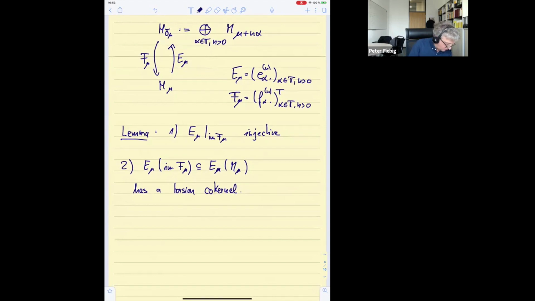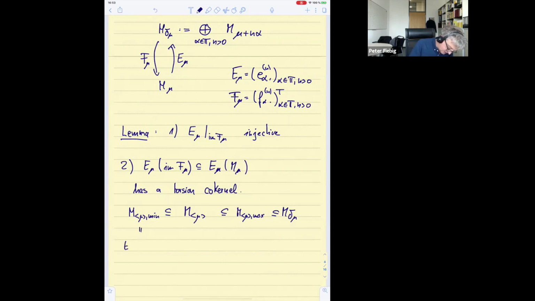So once you know this, you can define certain subspaces. This is all inside M_{Δ,μ}: a minimal subspace, a maximal subspace, and inside here, something which lies in between. How is that defined?